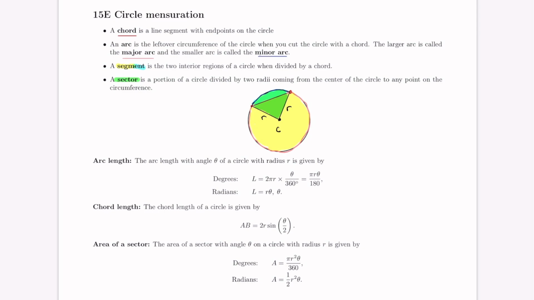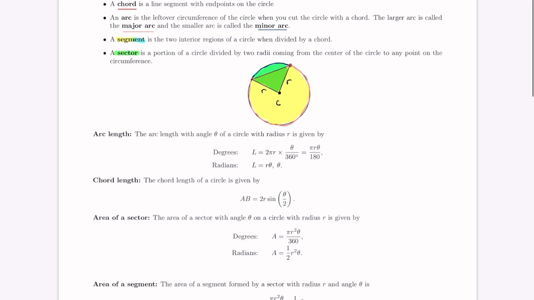And we're going to figure out how to calculate some of these things. The first one we're going to talk about is the arc length of a circle. Hopefully this one's pretty self-explanatory. If you think about the circumference of a circle, it's 2 pi r, because an arc length is only considering a theta amount of the circle from a total of 360 possible degrees.